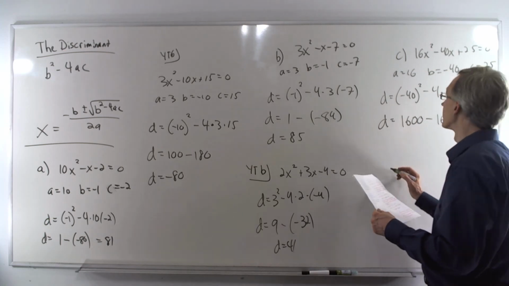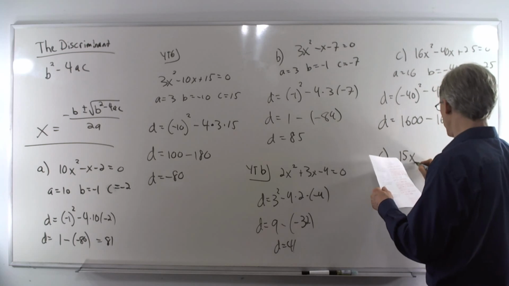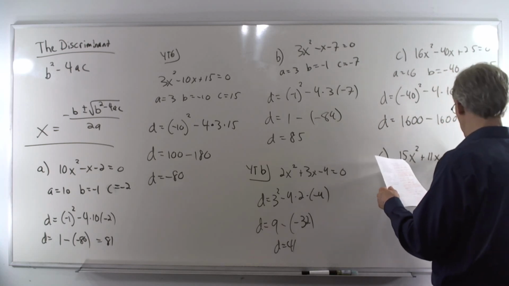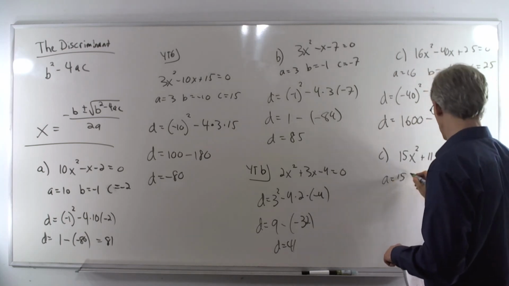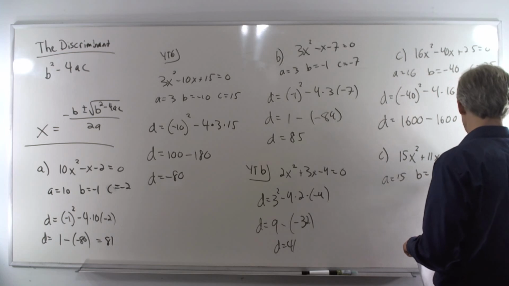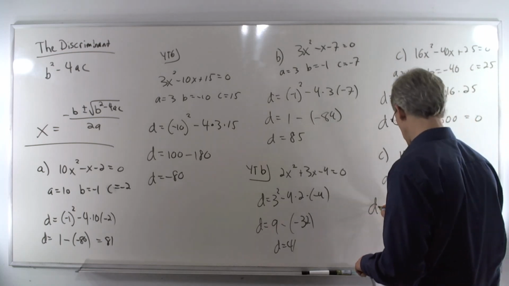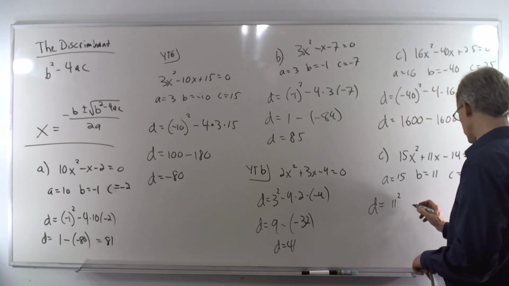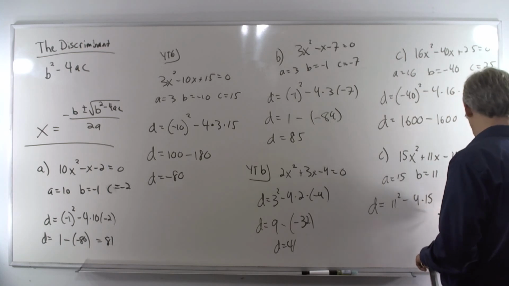All right, your turn, part C. 15x squared plus 11x minus 14 equals 0. So A is 15, B is 11, and C is negative 14. So discriminant, 11 squared, B squared, minus 4 times A, which is 15, times C, which is negative 14.